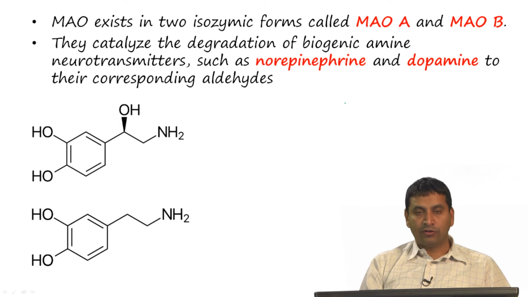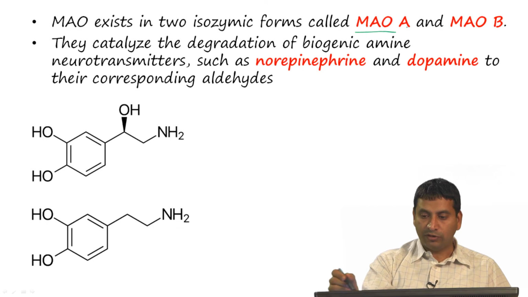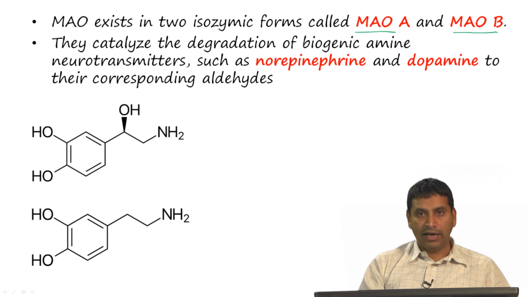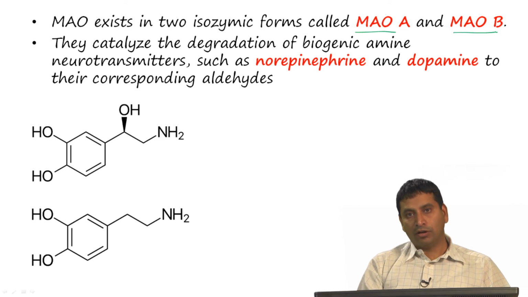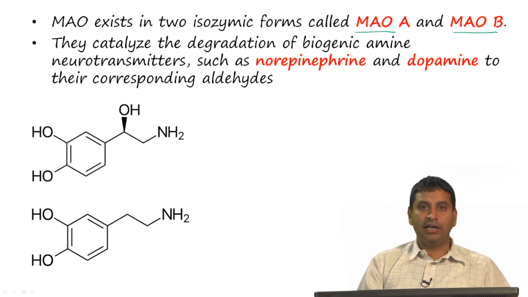So, these are the structures of norepinephrine and dopamine, and they are oxidized to the corresponding aldehydes. Monoamine oxidase exists in 2 isomeric forms, MAO-A and MAO-B, and they catalyze this reaction wherein epinephrine, norepinephrine or dopamine is converted to the corresponding aldehyde.